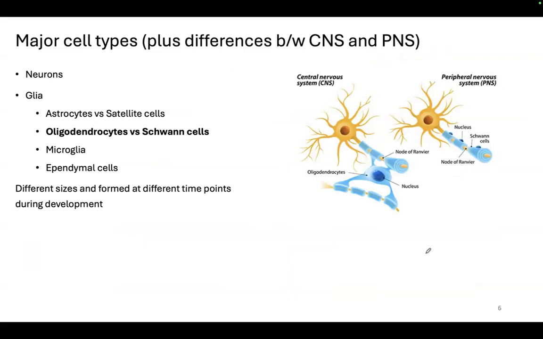So the first thing, of course, abundant neurons in both PNS and CNS. And neurons are the basis of the brain functioning, body functioning. So they are definitely one of the basic, most fundamental cells, and so they come first during development.